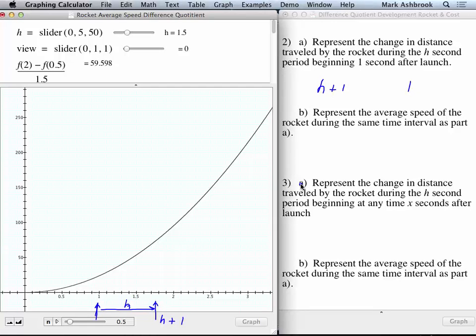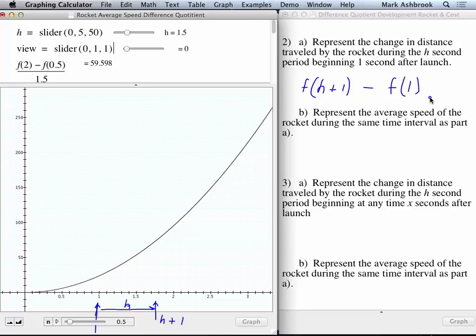So we're starting at 1, and we end up at H plus 1. So therefore the change in distance is, Brooke? F of H plus 1 minus F of 1. What do you think?